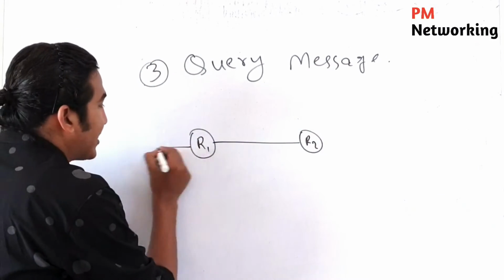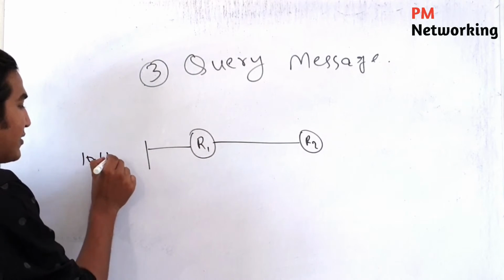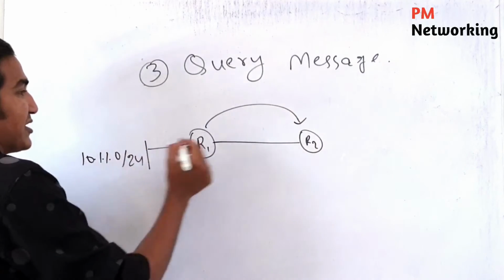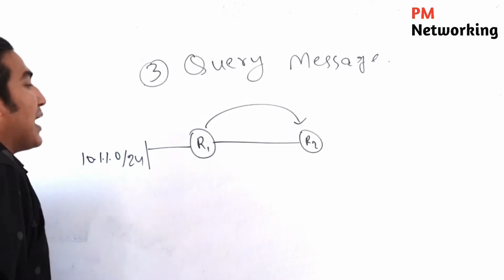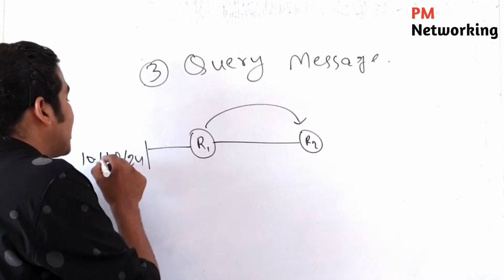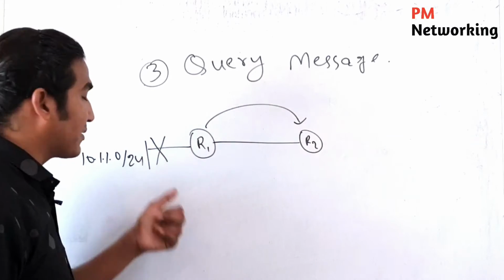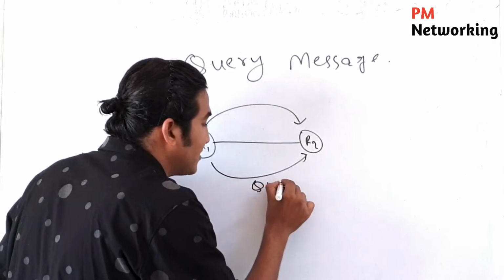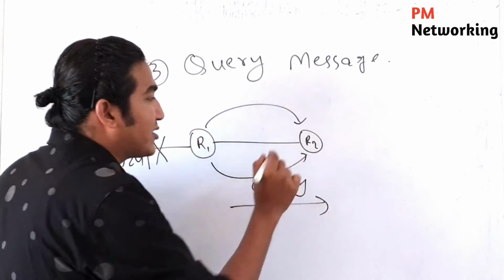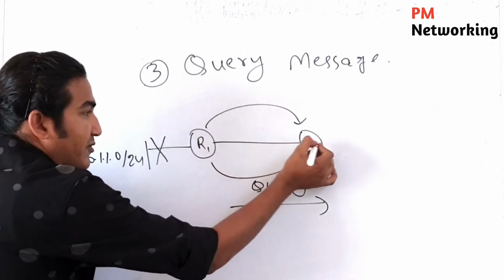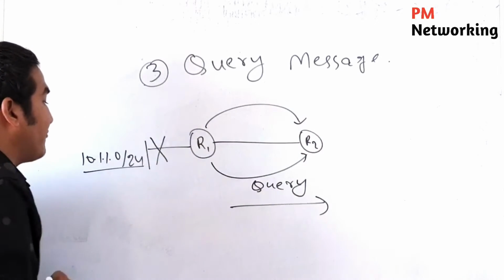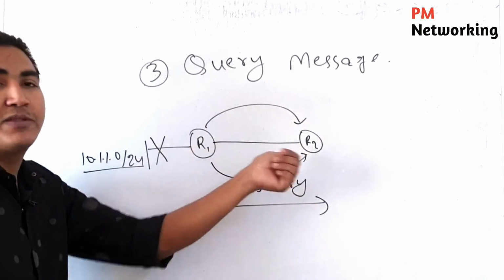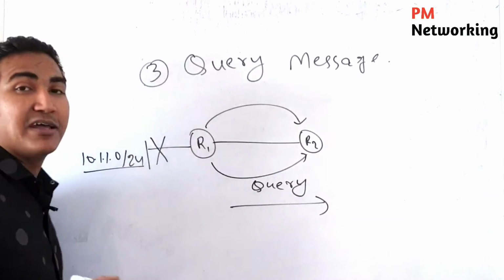So suppose we have one network 10.1.1.0/24. This router will share this prefix with R2 via the update message. And suppose after some time this network goes down. Then R1 will send a query message to R2, telling it that if you have information of this prefix 10.1.1.0 via me, then remove that prefix from your routing table because this network is down.